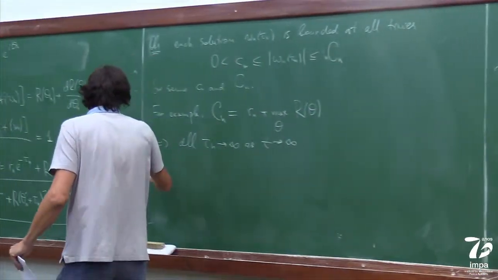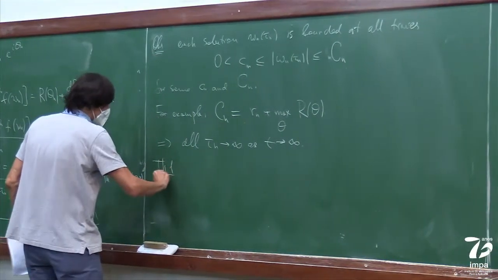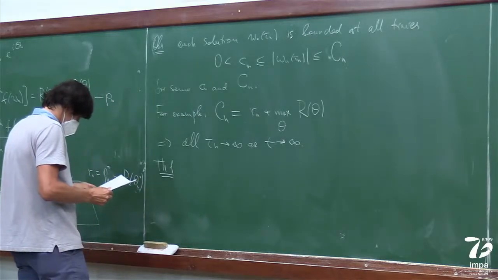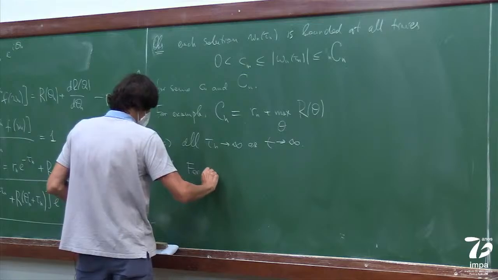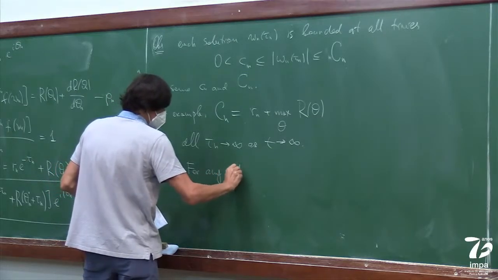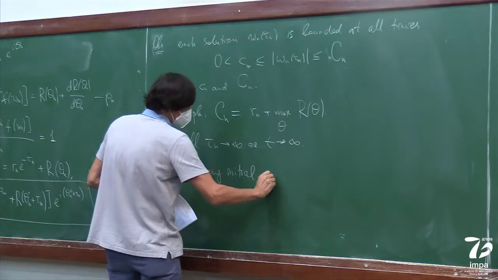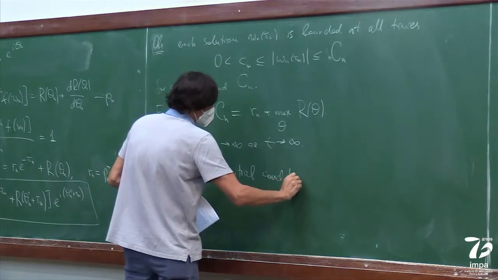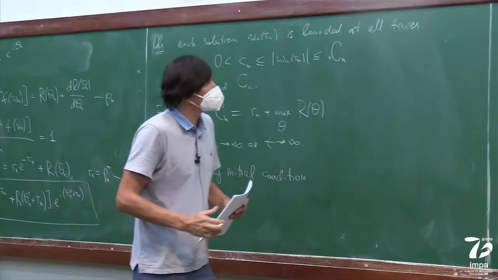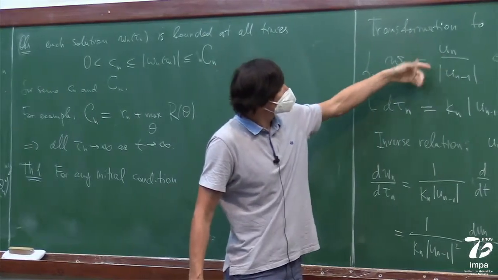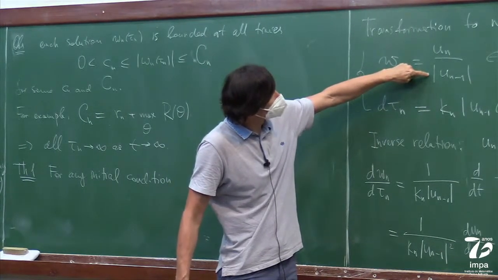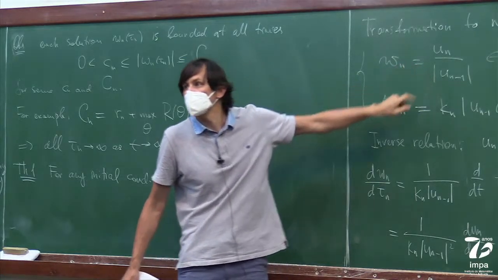So the first theorem that directly follows from what we did is that for any initial condition, any initial condition for which this representation is valid, and this representation is valid only if none of them is 0.